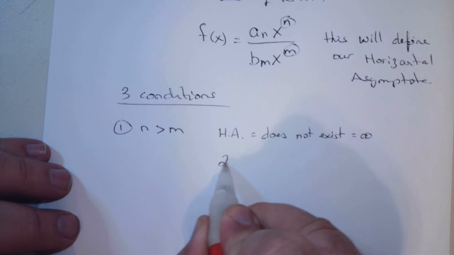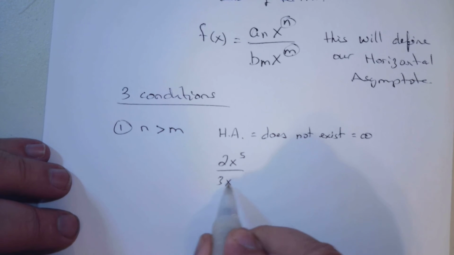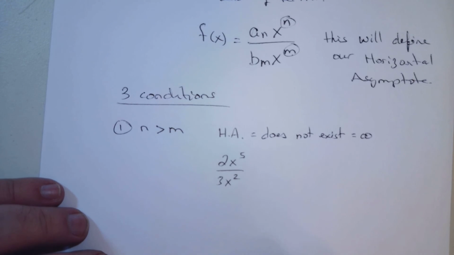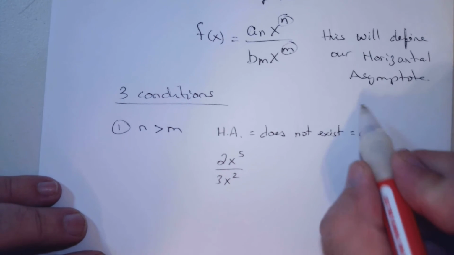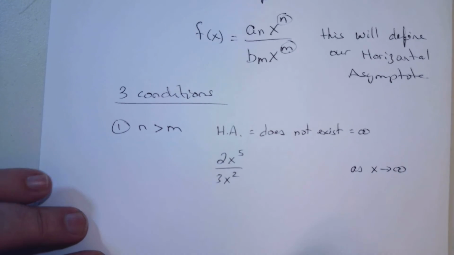So if I had 2x to the 5th over 3x to the 2nd. Remember, we're always looking at, as x goes to infinity, what happens to the graph.